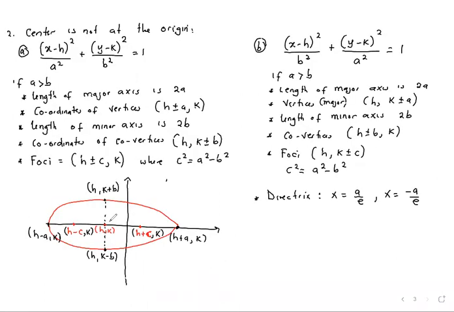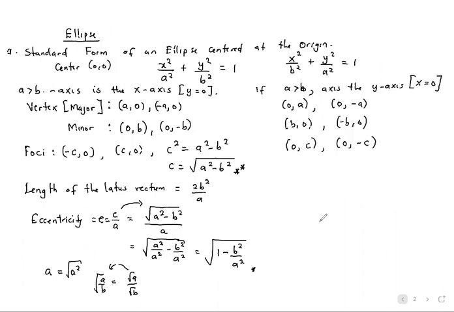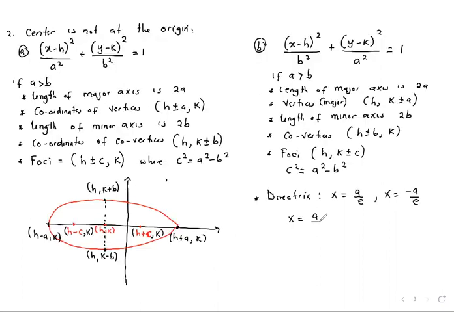So when we have a over e, you can write this as x is equal to a over c over a, but this is the same as a squared over c. Remember what c is? c is also written as the square root of a squared minus b squared.